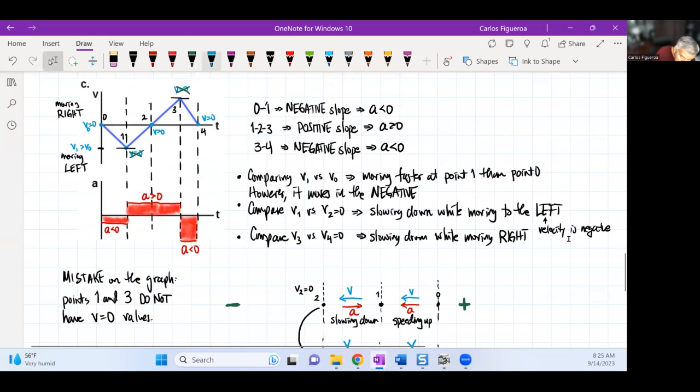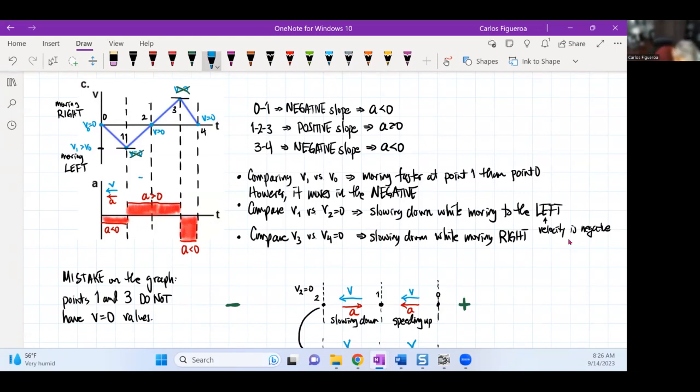So if I was to look at what's actually happening in this curve, I can come in and do this here. In this interval here, my velocity and my acceleration are in the same direction, and therefore I'm speeding up.